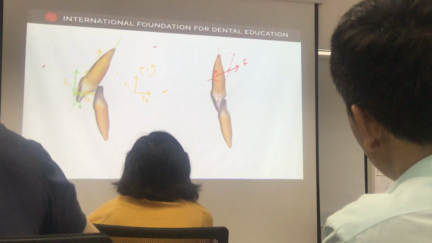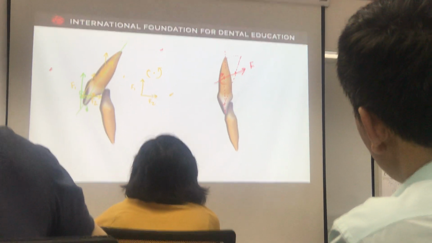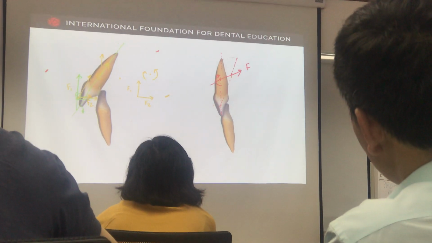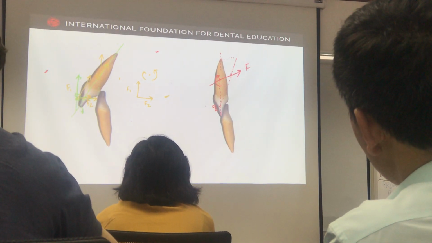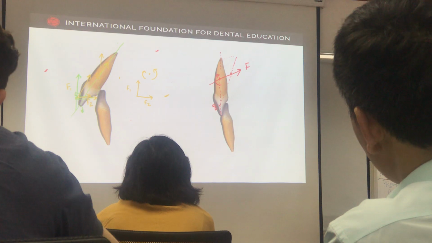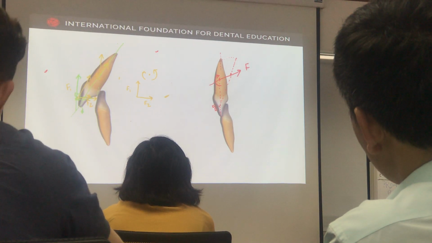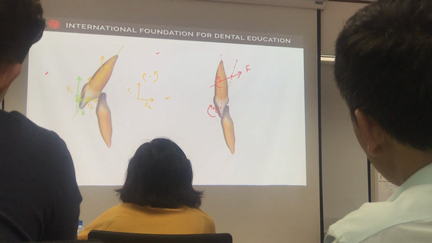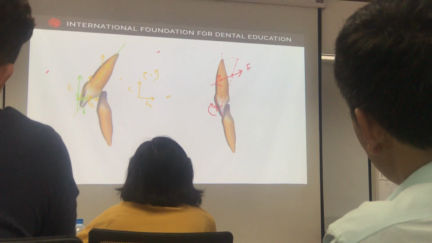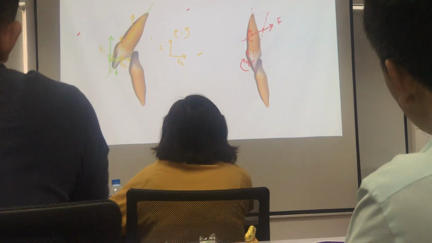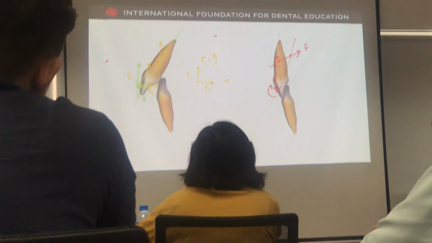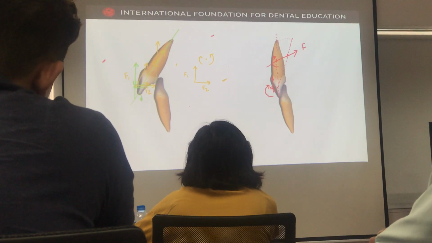So the idea is to replace this now by and then I put my bracket somewhere here. Okay. And then what I need to do is actually I need to put this moment right into the bracket. Okay. And put a little force here. Okay. And have a huge moment, and what's going to happen is this tooth will tend to rotate around here.